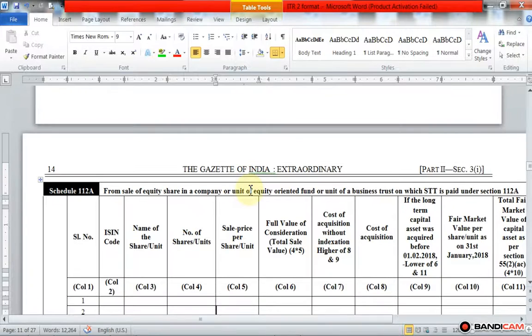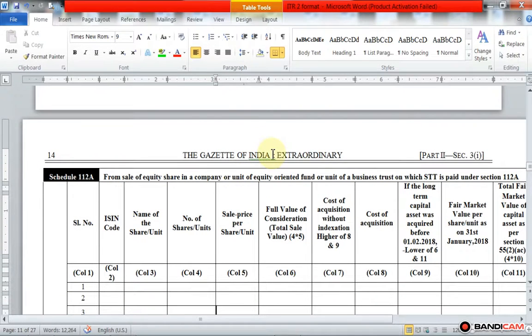Then the Gazette of India Extraordinary, that is Schedule 112A.